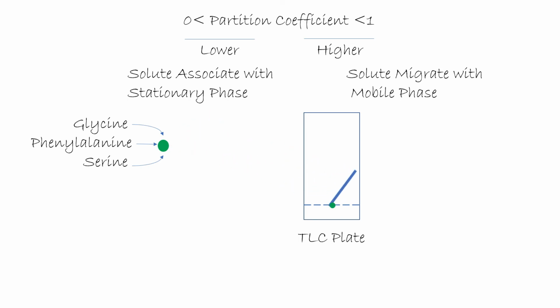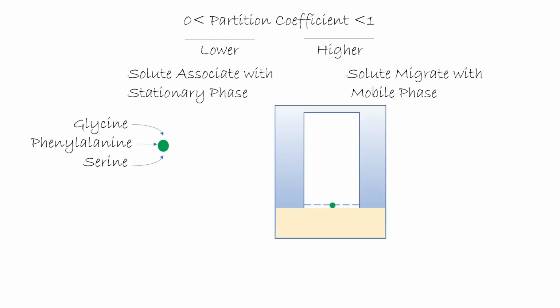Then we will place this sheet in a chromatographic chamber containing water and n-butanol as a mobile phase in such a way that the applied mixture is not submerged in the mobile phase, and due to capillary action, the mobile phase will start to move upwards.